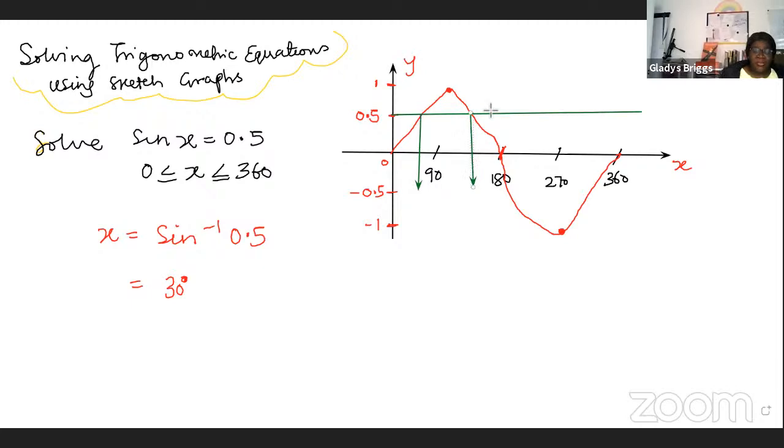I want to use a different color pen. So your first solution is going to be here. You got one solution there, and you got another solution here. At 30. So from your sketch graph, that is 30. From your calculator, this is 30.